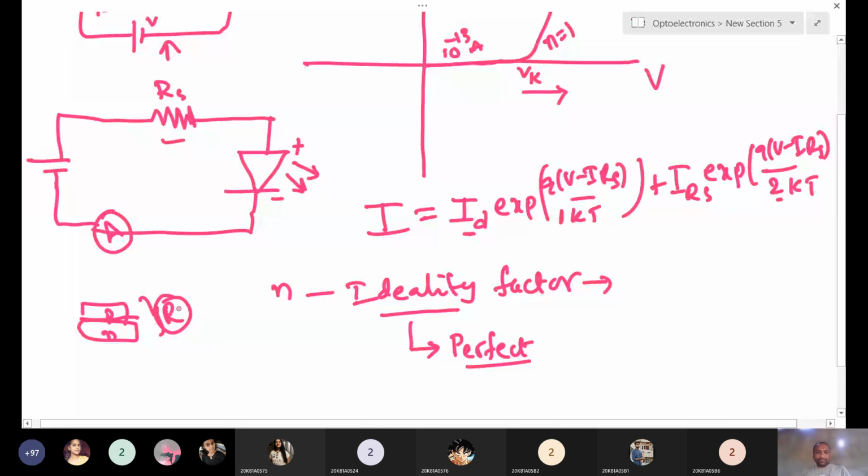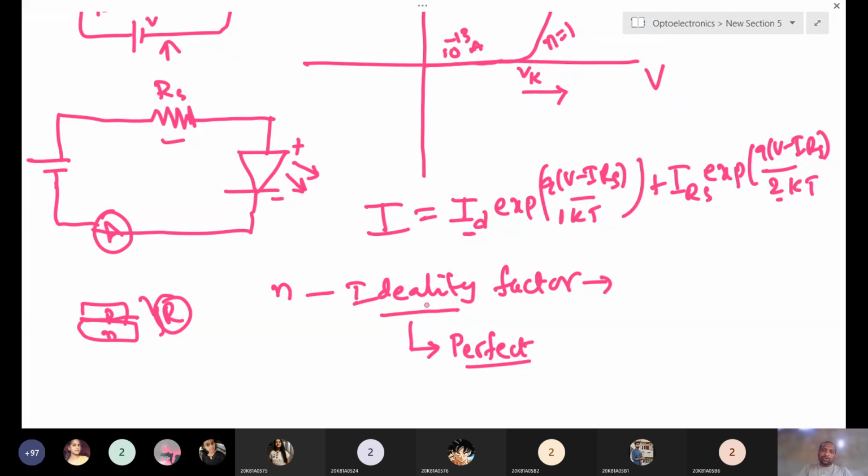Because of these defects, the diode curve will deviate from the ideal curve. That is what the ideality factor indicates: how ideally our device, how ideally our LED, is performing.